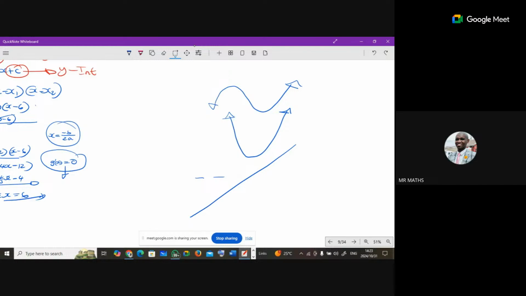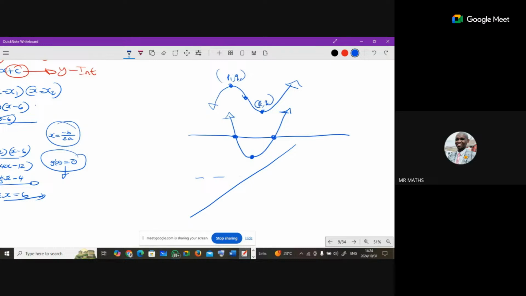Now there are special points here that we get with the parabola, which is the turning point and the intercepts. On the original graph there are important values: these ones are your P1 and your Q1, and on the upper graph you are going to have your P2 and your Q2.